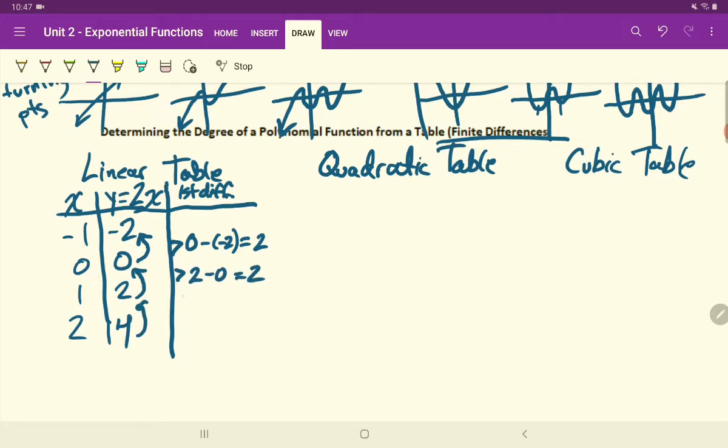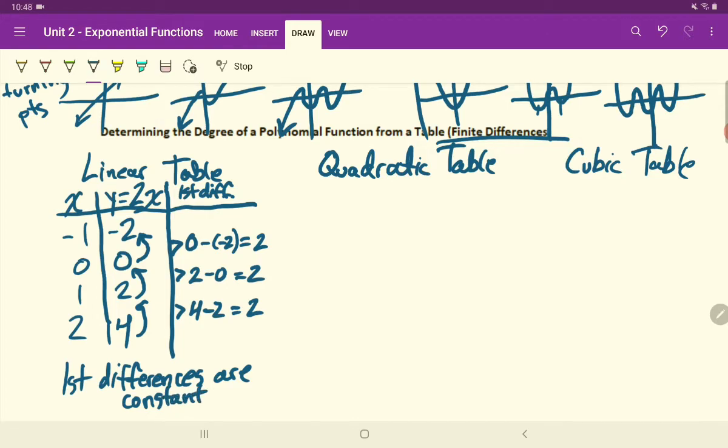Then do 4 minus 2, +2. What you'll notice is that the first differences are what are called constant for a linear function. So your first differences are constant when your equation has a degree of 1.